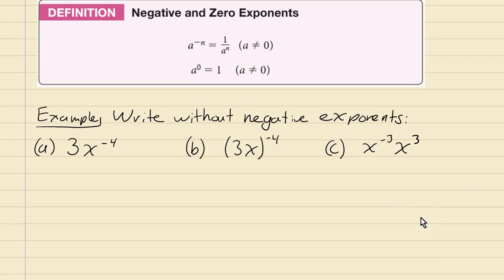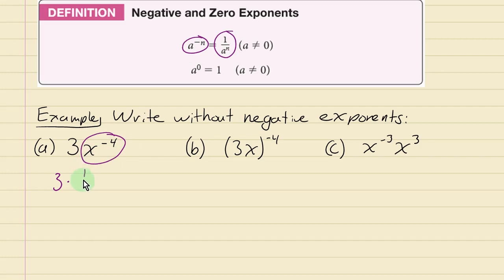So here we have a -4 exponent, and the base of this -4 exponent, the thing being raised to the power -4, is just x. So the -4 does not affect the number 3. So I'm going to write this as 3, and then the x to the -4 is what we're going to use this rule with.